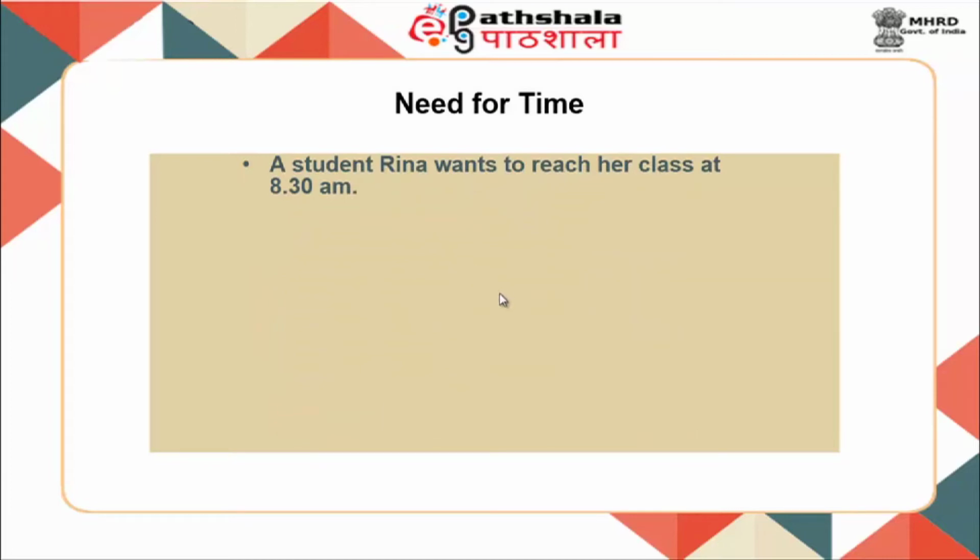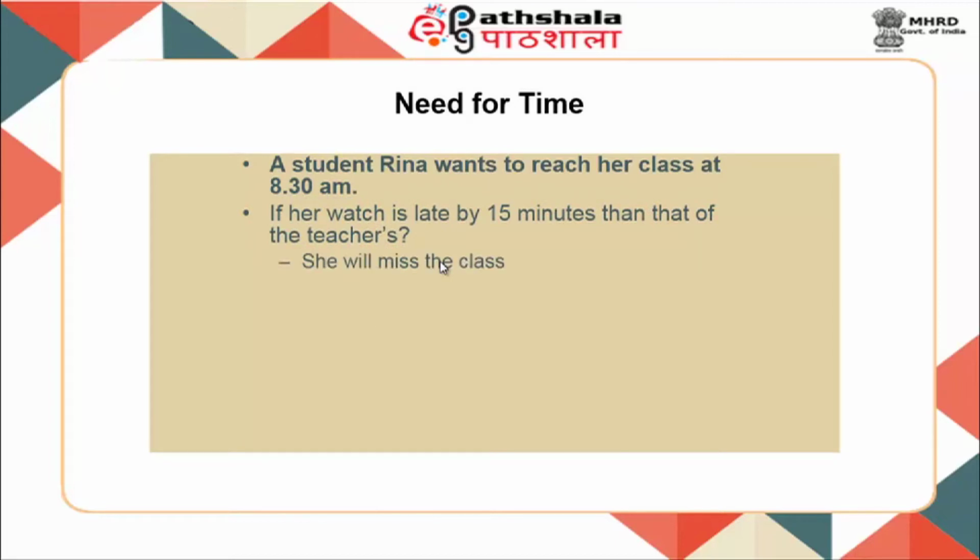So, here is our example. Student Reena wants to reach her class at 8:30 a.m. She will arrive at her class according to her watch, and if her watch is 15 minutes late than the watch of her teachers, then she will miss the class.